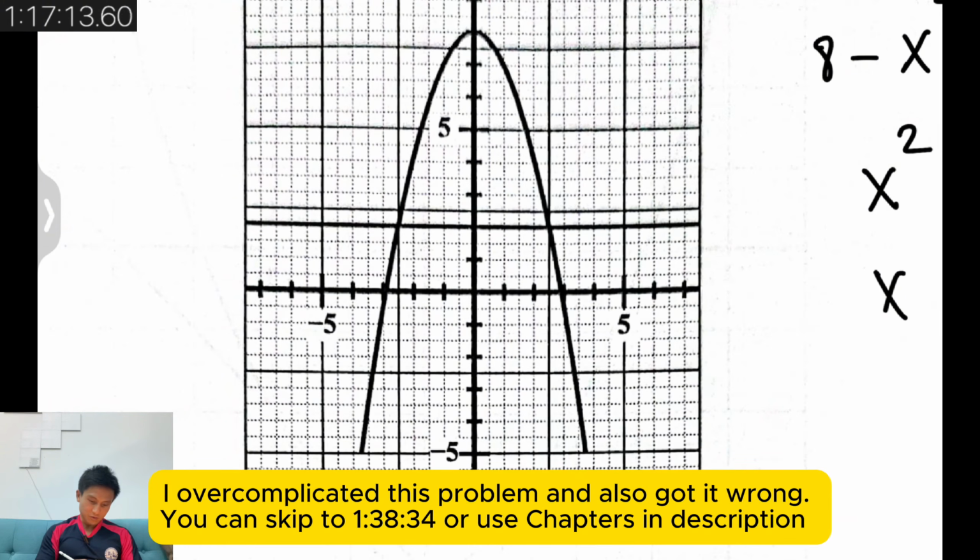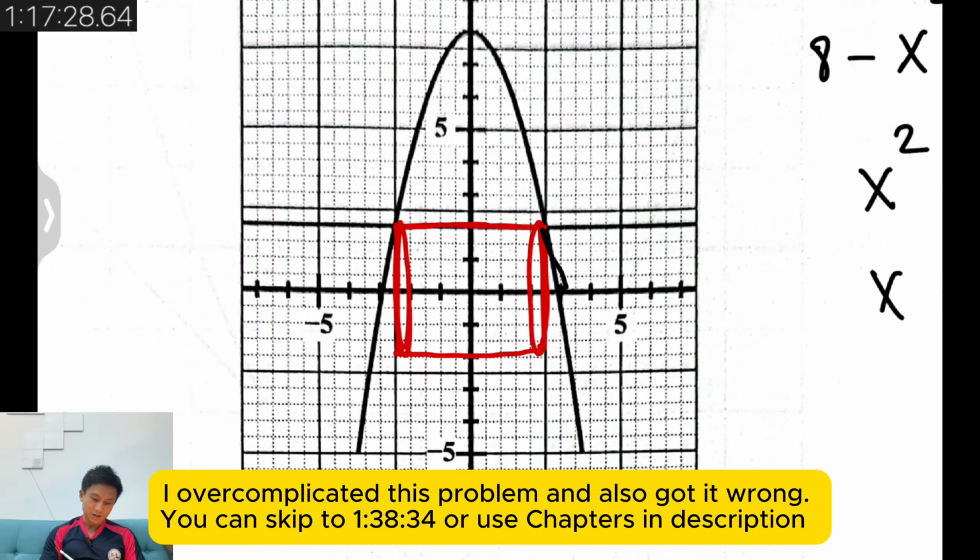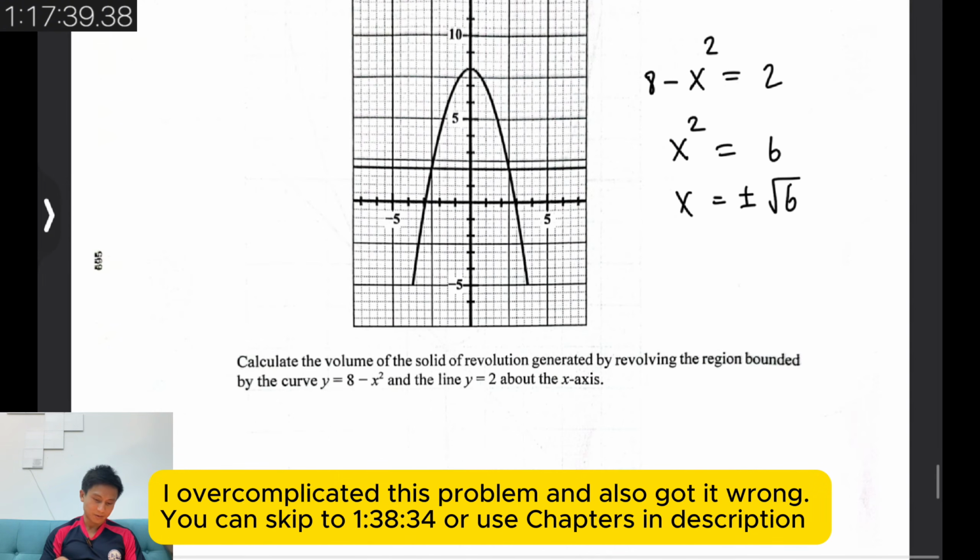But then if you do just the line up to this part, when you revolve it you get a cylinder. But do you see that you are missing this volume on either end? That's like a dome. So how do we get that dome and also subtract from the whole thing?